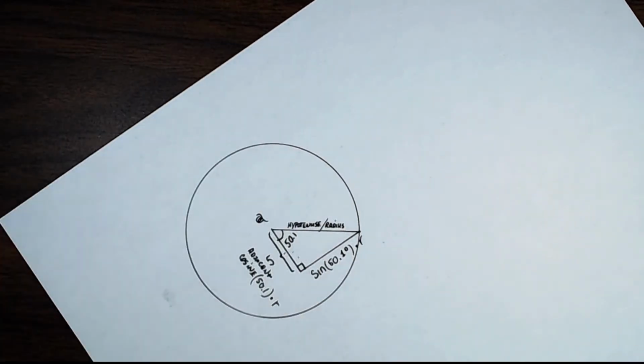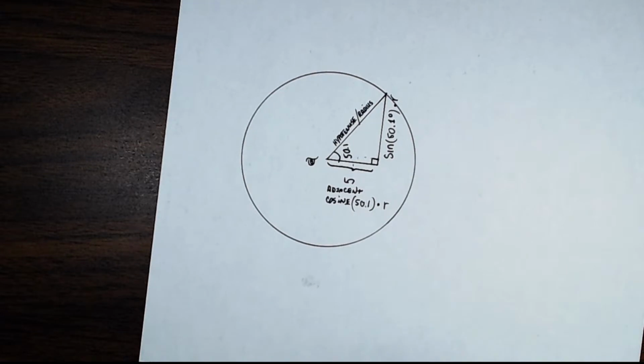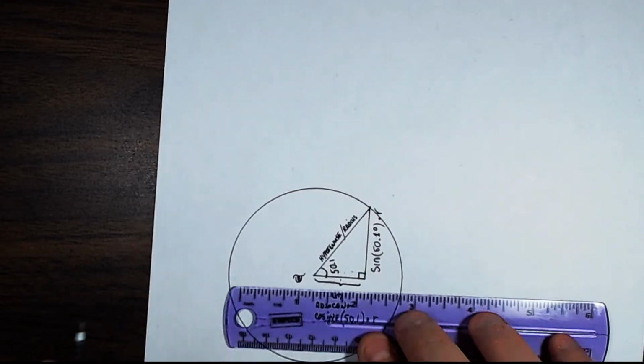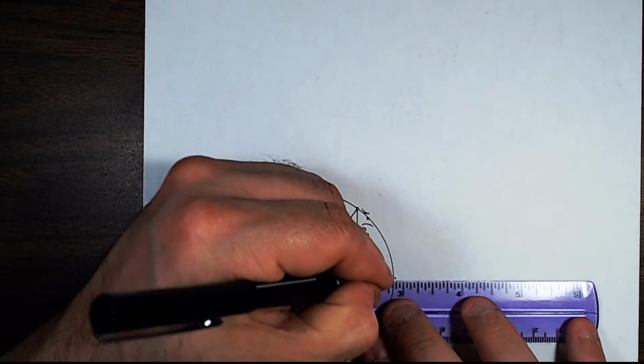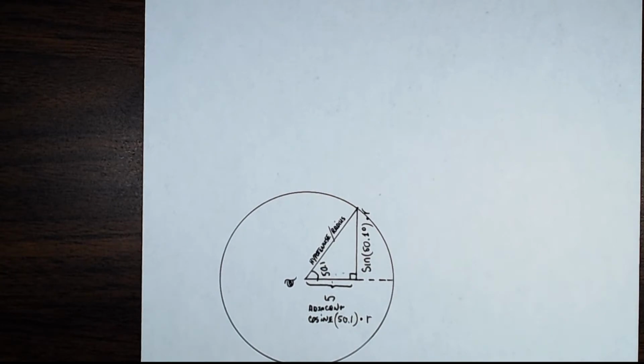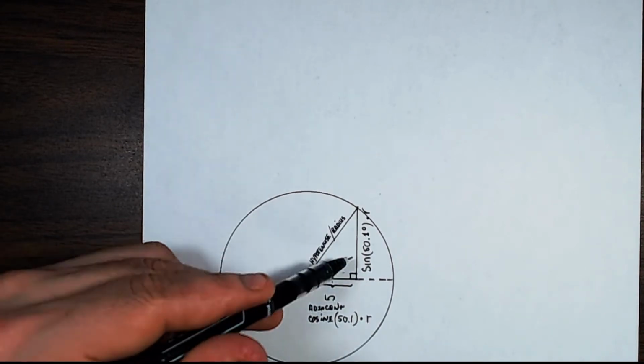Okay, so we see that we should rotate this a little bit in order to make it look like a proper trig circle, and you can dot dot dot, and that just kind of visually proves that this is the cosine and this is the sine.